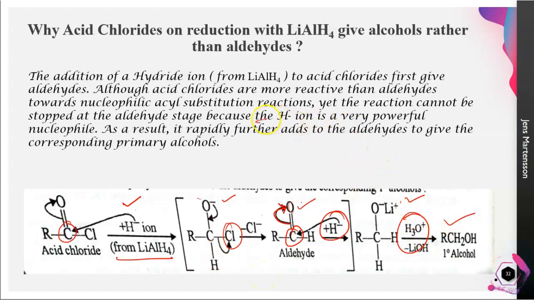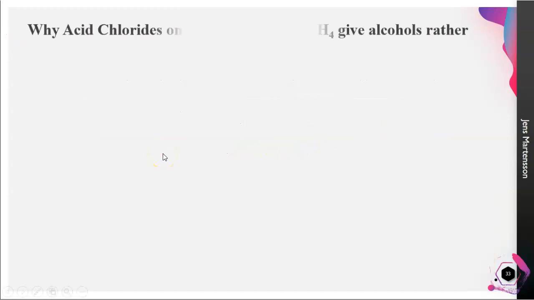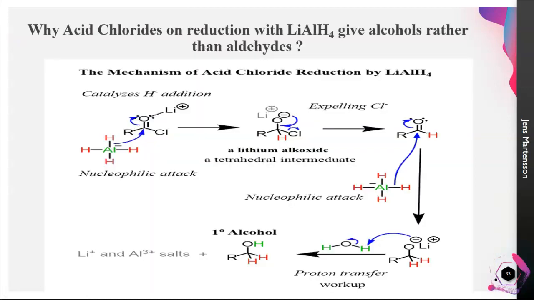So over here your H negative ion is going to act as a very powerful nucleophile, and it will rapidly add to the aldehyde to give the corresponding primary alcohol. So this is the reason why your acid chloride on reduction with LiAlH4 gives alcohol rather than aldehyde. You can see the mechanism is similar, but they have mentioned it in a stepwise manner. So go through it, check it wisely, and let me know if you have not understood it well. I'll make a separate video related to the same, but you have to practice it first.